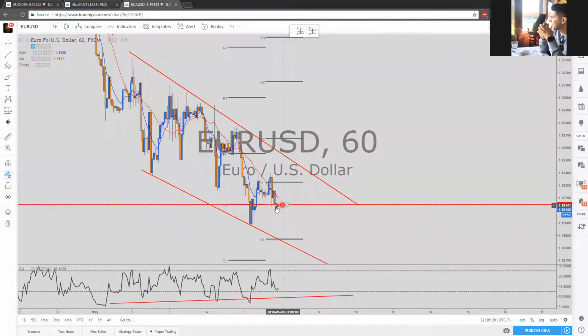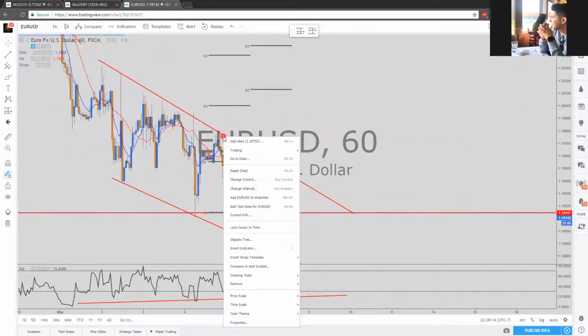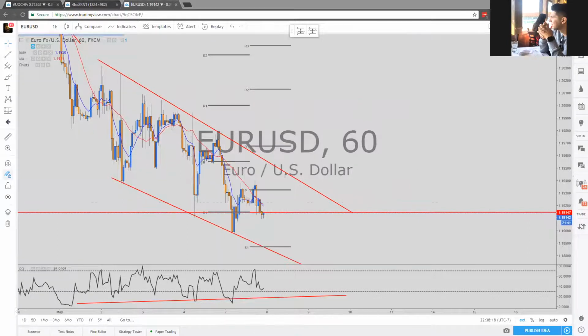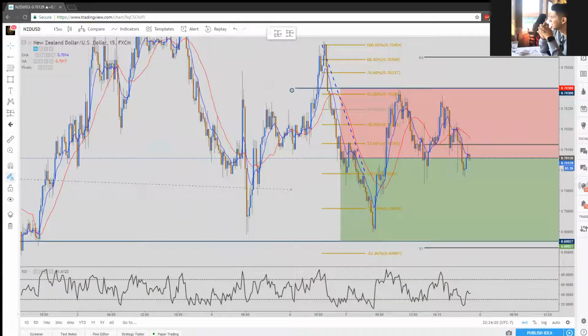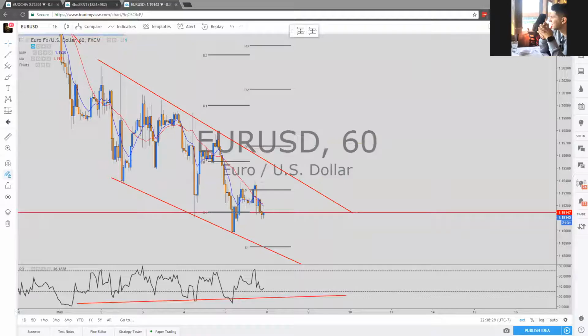Most likely right here, if it breaks above this pivot point, now I have a buy stop. I called the buy stop inside of the signal group. Let me bring that up here on my other screen. Yeah, so this is my analysis.